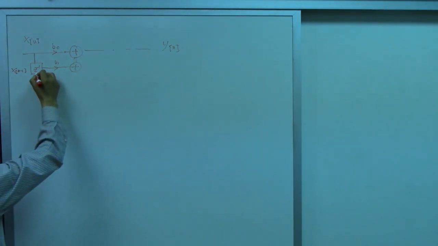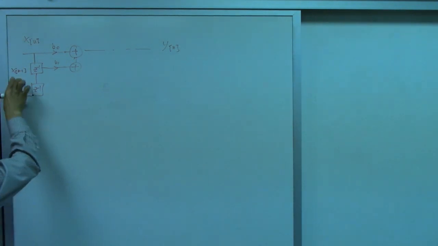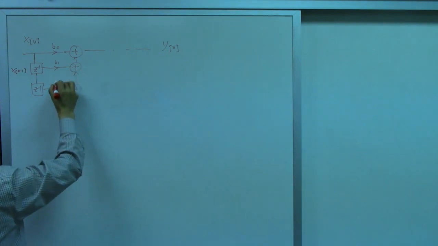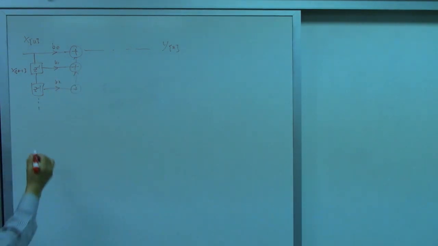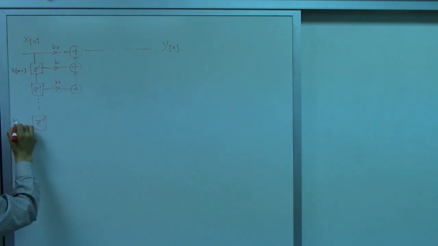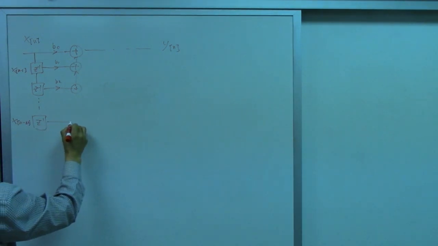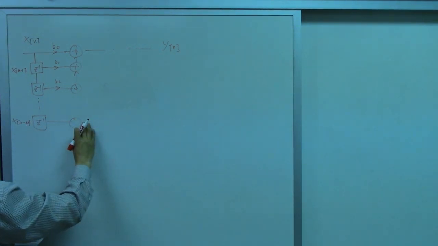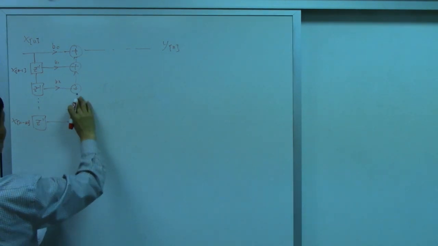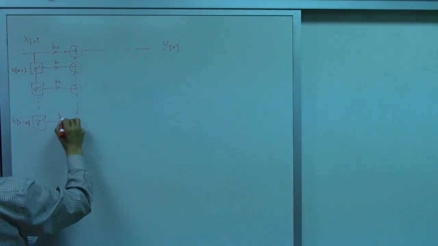Now we have the next one, delayed by another time, which gives us x[n-2]. This one will be b2, and we have a lot of terms all the way up to x[n-M]. Here we don't need the addition, since this is the last term, and this one will be b_M.